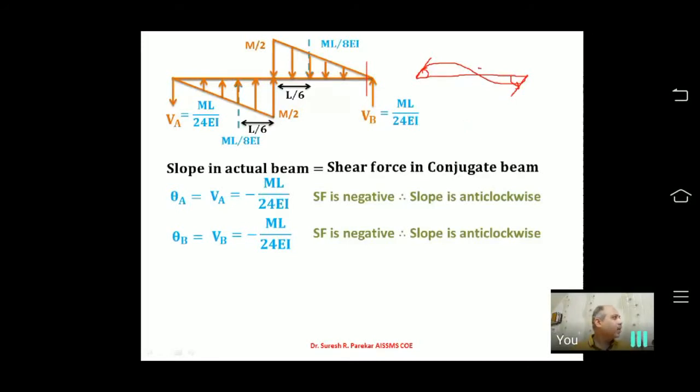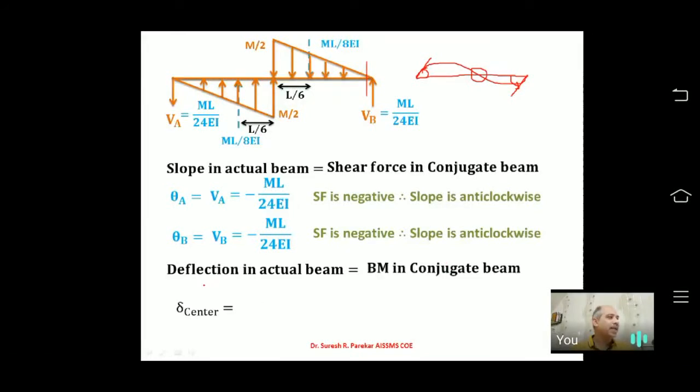Then you can see I already plotted over here that at the center my deflection is 0. Now we will see whether we are going to get deflection 0 at the center. Deflection in the actual beam corresponds to bending moment in the conjugate beam. So delta at center is the bending moment at center: ML upon 24EI into L by 2. This is due to the reaction. Now actually this value should be minus and this value should be plus.